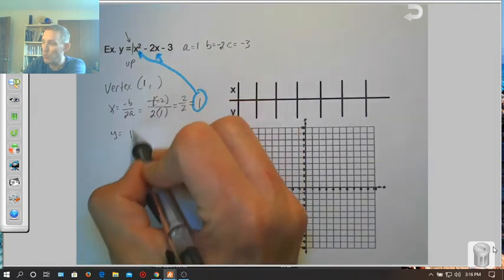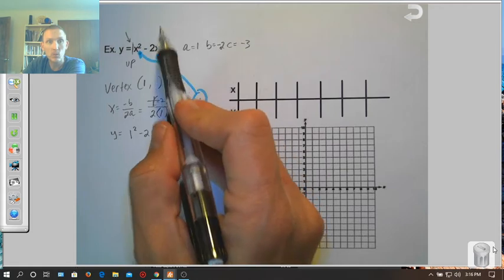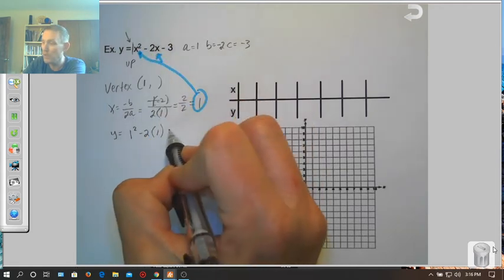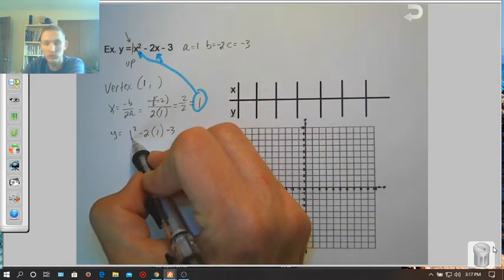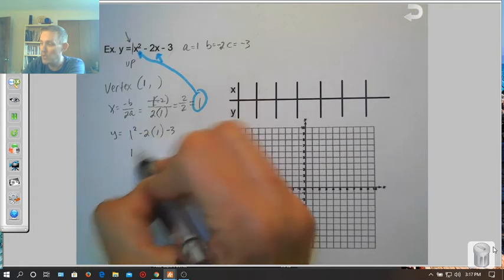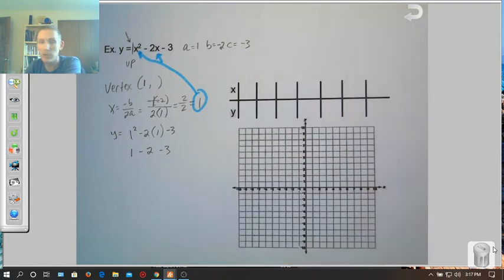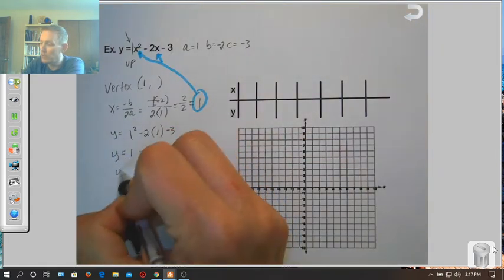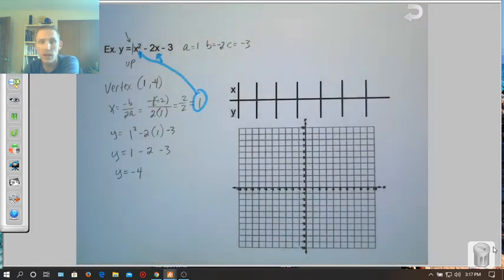So this becomes 1 squared minus 2, so -2 times x, which is 1, and then -3. 1 squared is 1. -2 times 1 is -2, and -3. So if I put those together, y equals -4. So my vertex is at 1, -4.